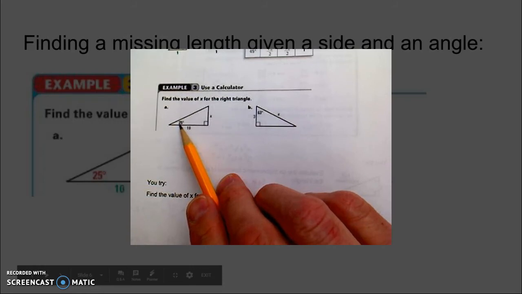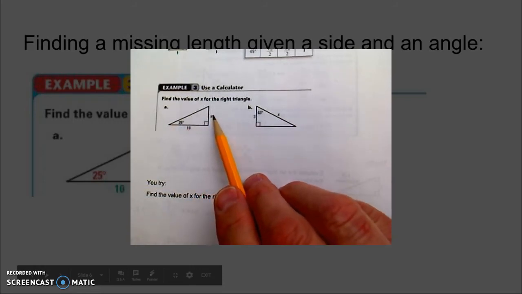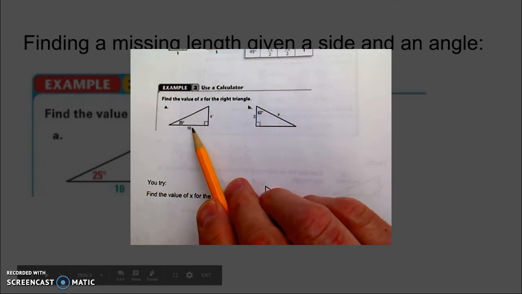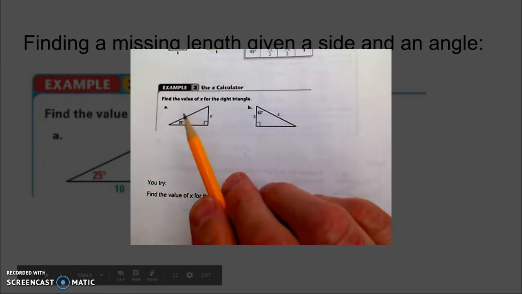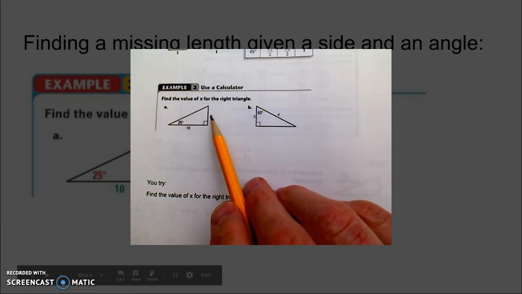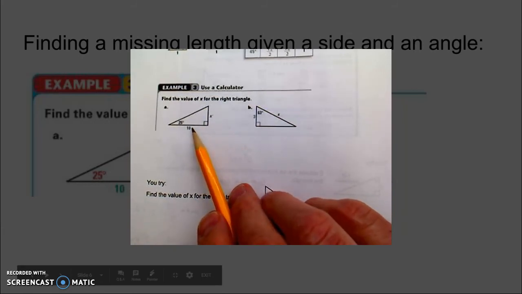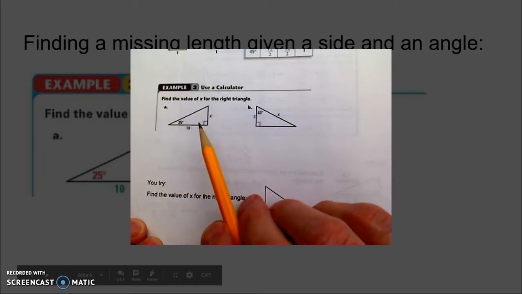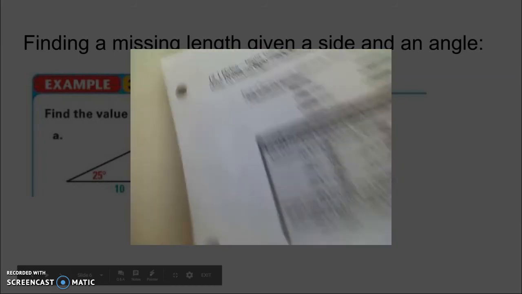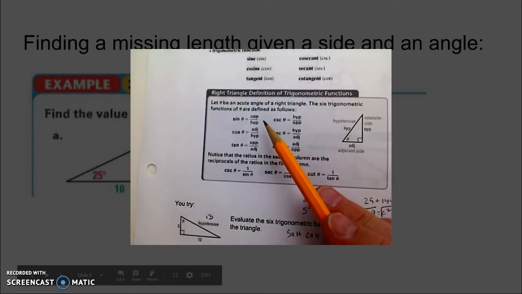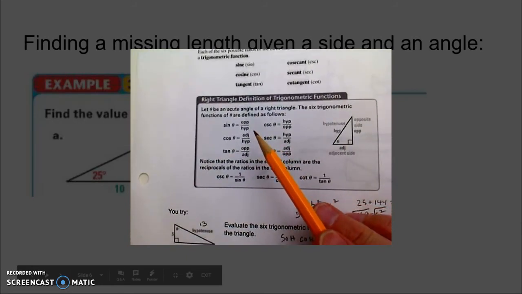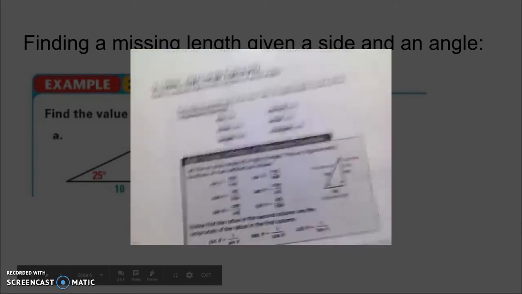So now, let's take a look at what we have. We have a 25-degree angle. We're given some information about the side opposite, which is x, and the side that is adjacent to it, which is 10. So my first move is, I say to myself, okay, opposite and adjacent. Which of my trig ratios involves the opposite side and the adjacent side? And if I go back to my table from the first page of the notes, opposite over adjacent, that's the tangent.